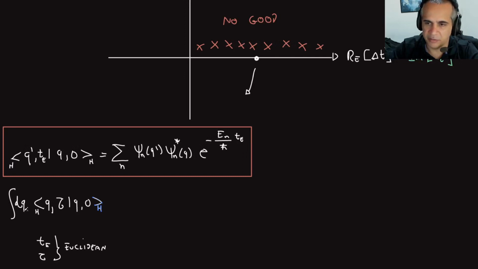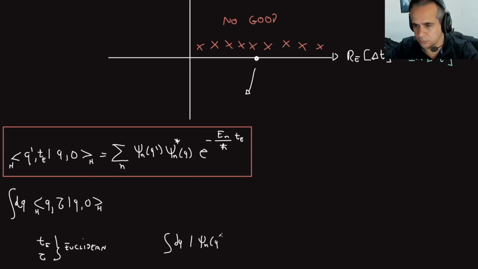Now if I substitute this in these expressions up here, now that I have the integral in q, we know that the integral in q, and of course now q prime is equal to q, so here I just have the modulus of psi_n(q) squared, and we know this is 1, because I'm assuming these wave functions are normalized.